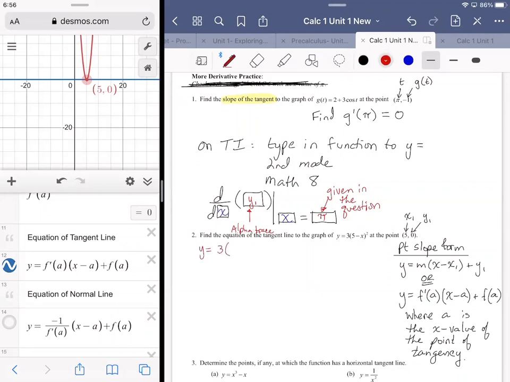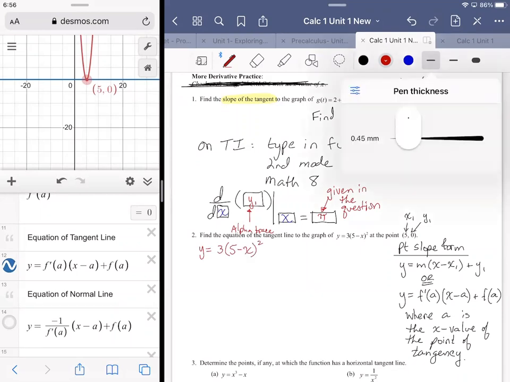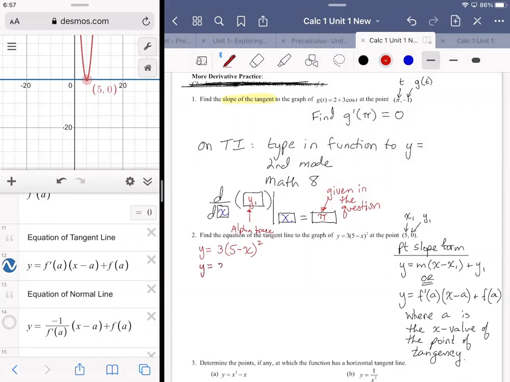So 3 parentheses 5 minus x, close it up, square it. Now, at this point, we have not learned the chain rule. So we wouldn't use the chain rule. Instead, we'll distribute this out. Now, if it's 5 minus x to the 3rd, 4th, 5th, 6th power, I would look for a different technique, but that's not the case here.